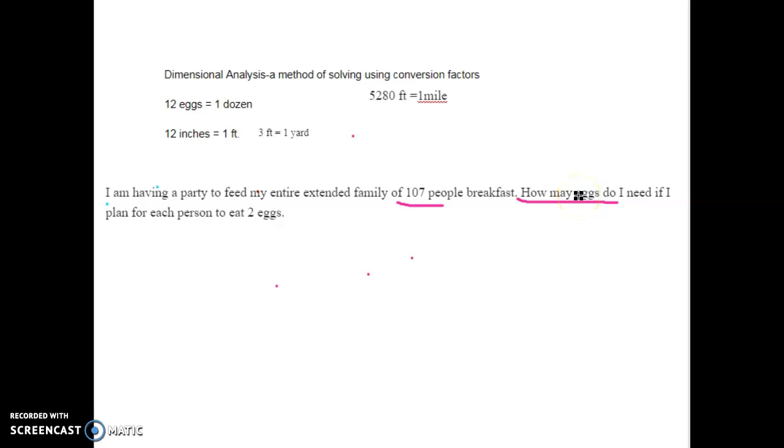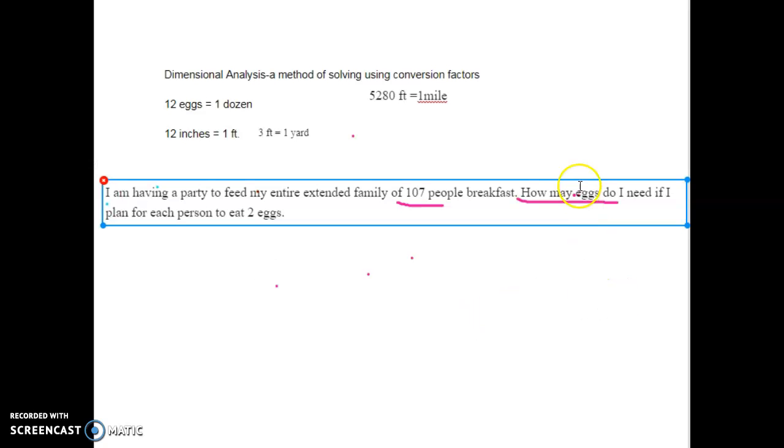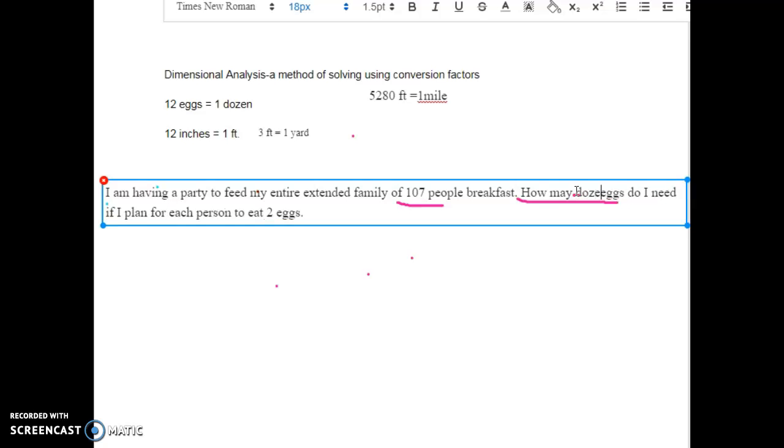How many dozen eggs do I need to feed all of these people? I want to know how many dozen eggs I need because I'm not going to go to the store and say I need 200 and whatever eggs.